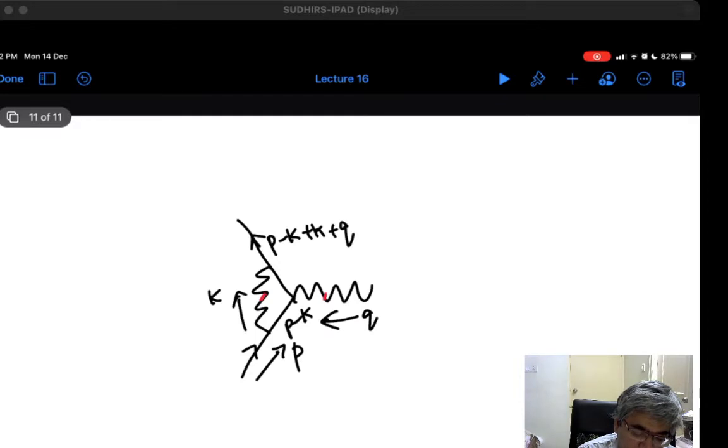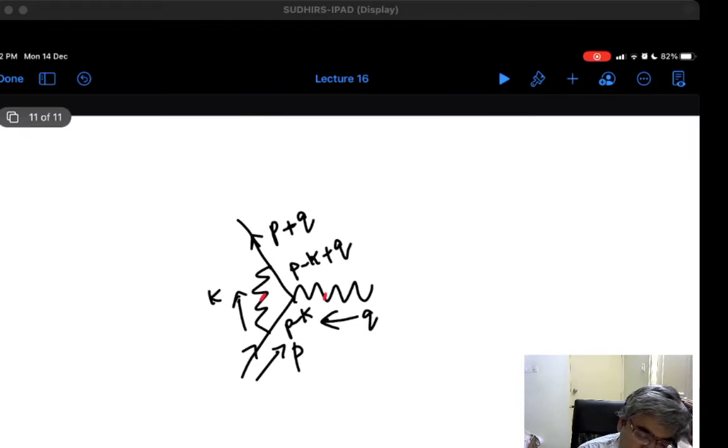So for a, this is nothing but p minus k, p minus q. This is p plus q. This is the momenta line. This would be p minus k plus q plus k. So every line is assigned a particular momentum.